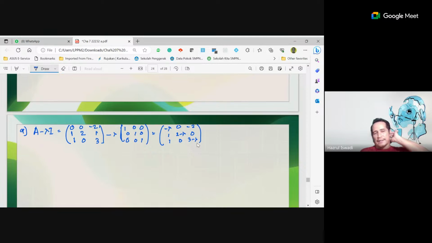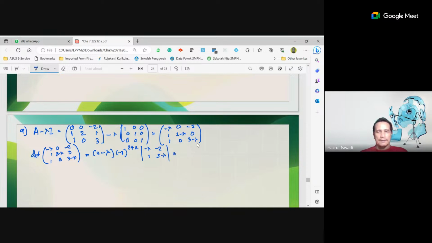Then we try to find the eigenvalues from the determinant of that matrix. Using the second column as the expansion, we have (2 minus lambda) times minus 1 to the power of 2 plus 2, and the minor is the matrix leaving out the second row and second column: minus lambda, -2, 1, 3 minus lambda.